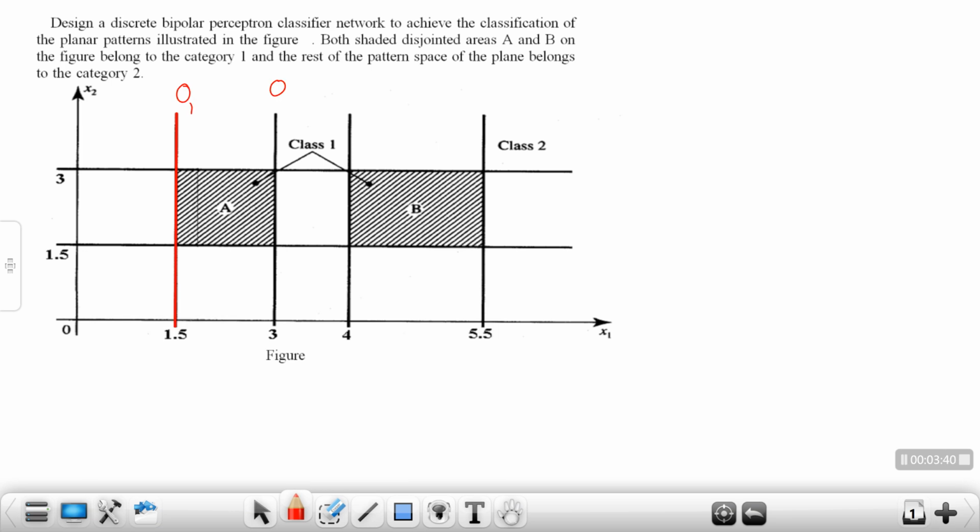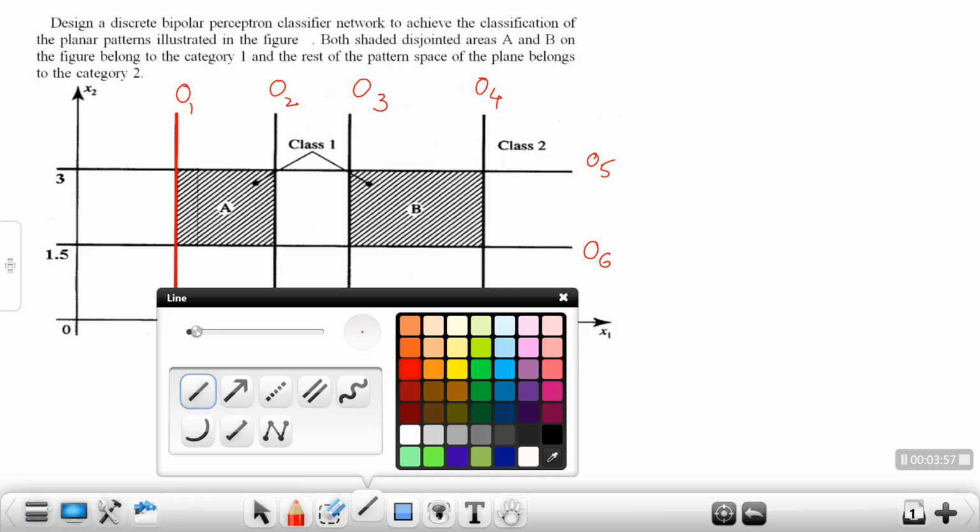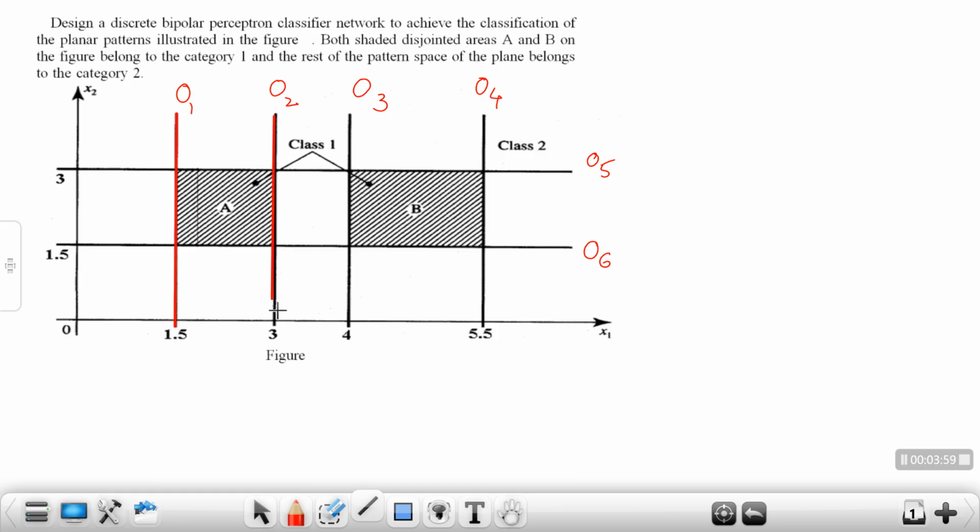Similarly, I will take this line and name it O2. This line I name O3, this one O4, this one O5, and this one O6. I will draw the lines in red so that you are able to differentiate. It may not be exactly along that particular point.